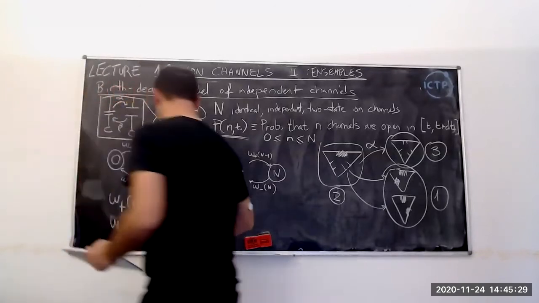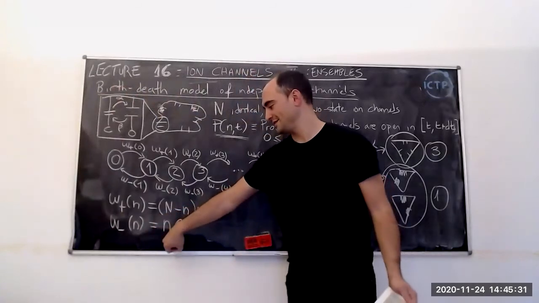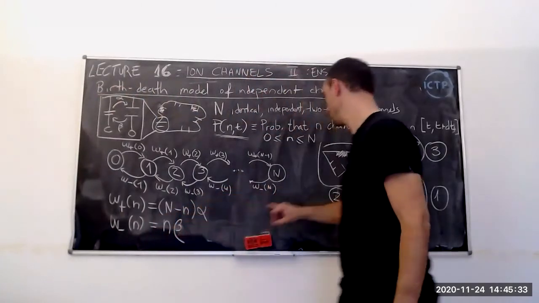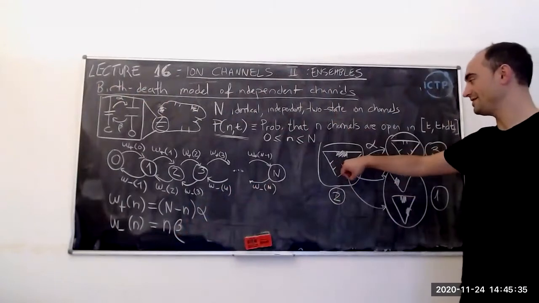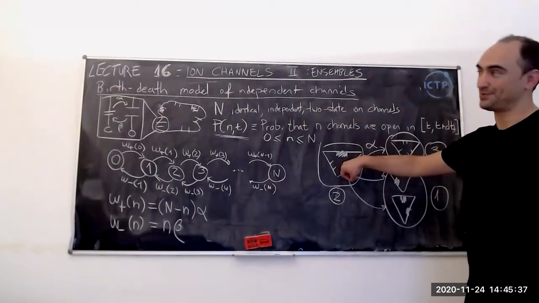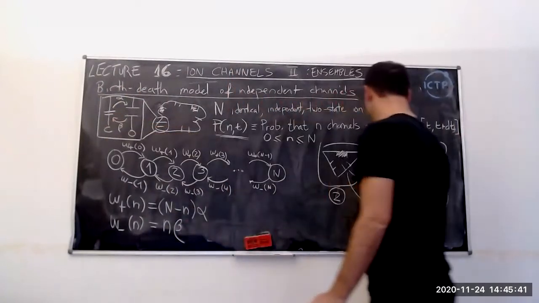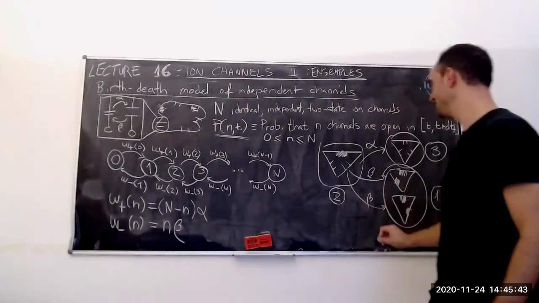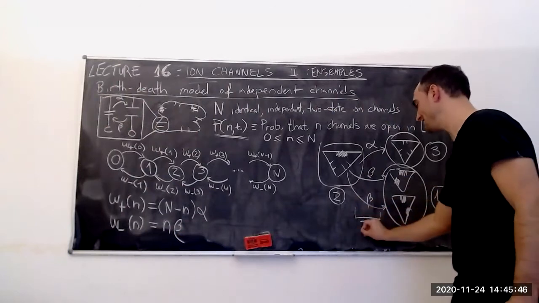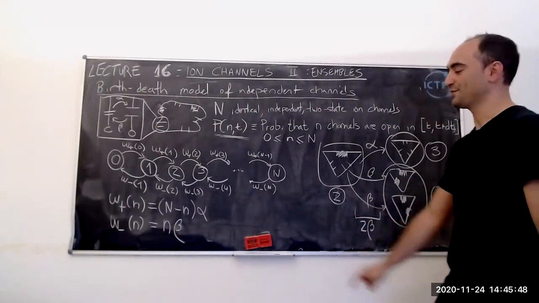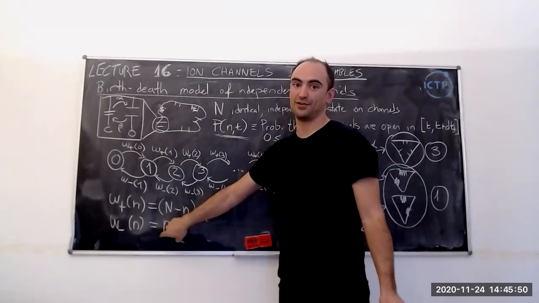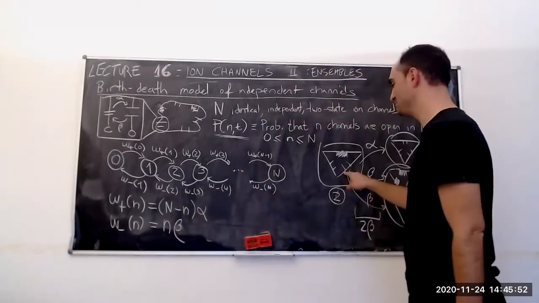This is the number of open times the closing probability. Look at this. Here there were 2 open. Each of them has probability beta to close. So there is beta and there is beta. So this will be 2 beta. If you come here, small n is the number of open channels. There were 2. So this gives you 2 beta.